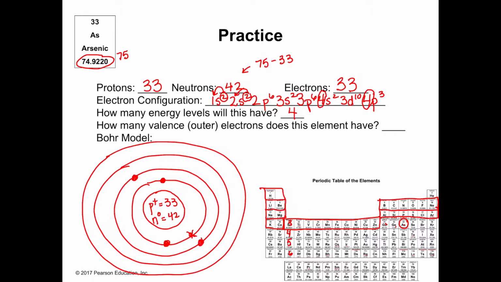Oops, sorry, not there. And then we have another 6 electrons that are going on the second energy level. So we have 1, 2, 3, 4, 5, 6. Then we have 2 electrons that are going on the third energy level. Then we have 6 more electrons that are going on the third energy level.